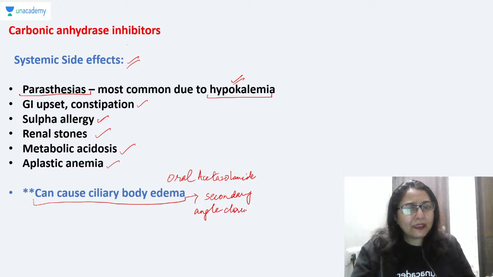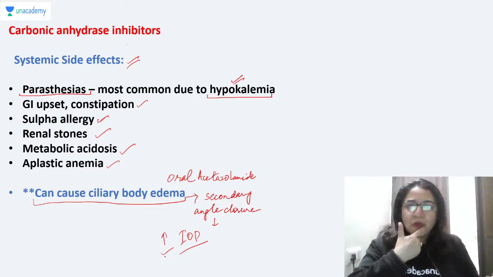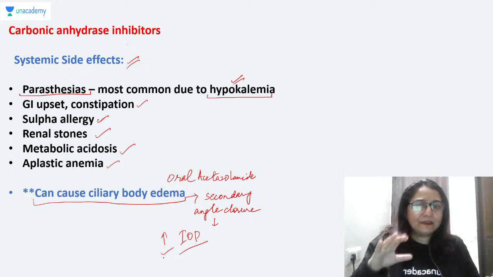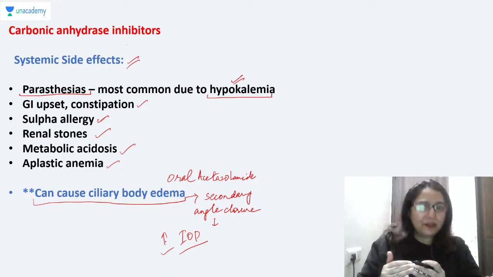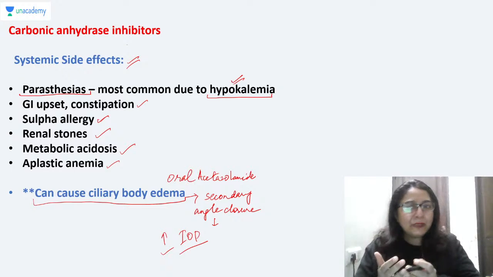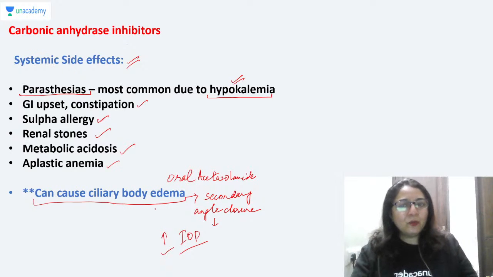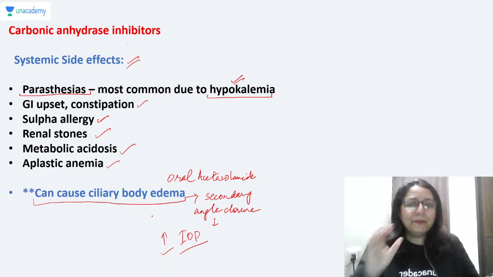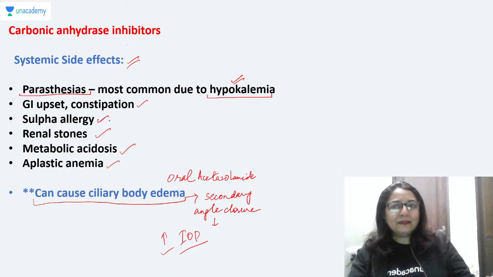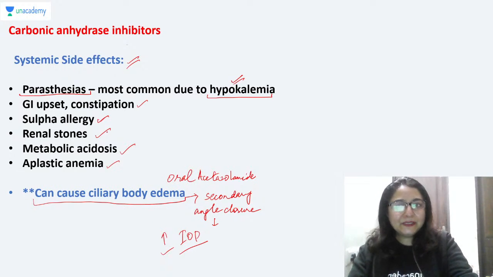And if there is angle closure, paradoxically the pressure will increase. You are giving oral acetazolamide to decrease the intraocular pressure, but in certain patients it can cause ciliary body edema leading to increased intraocular pressure. So that is to be kept in mind, that in a few patients this side effect can happen.